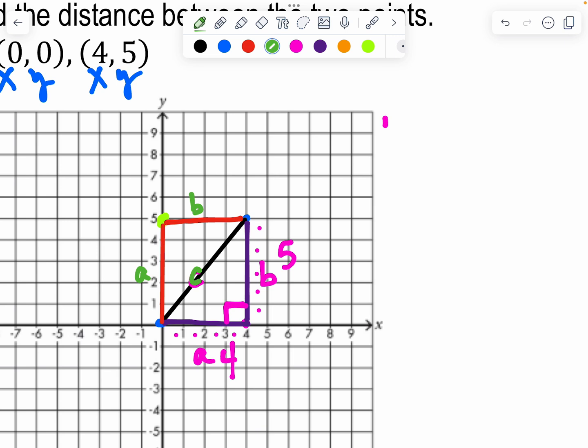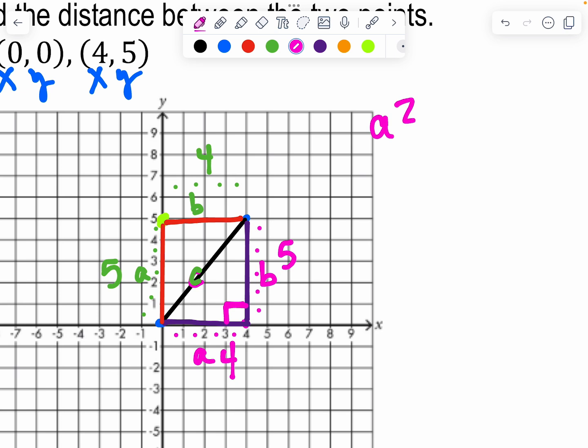If I do it on this side, I get 1, 2, 3, 4, 5, and B is 1, 2, 3, 4. 5 and 4. Remember A and B are interchangeable. That's why it doesn't matter which point we go with, as long as our C is the same.